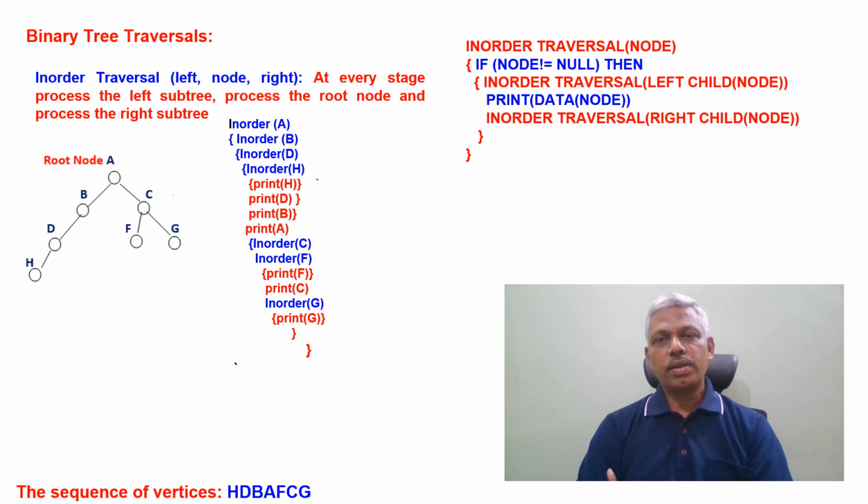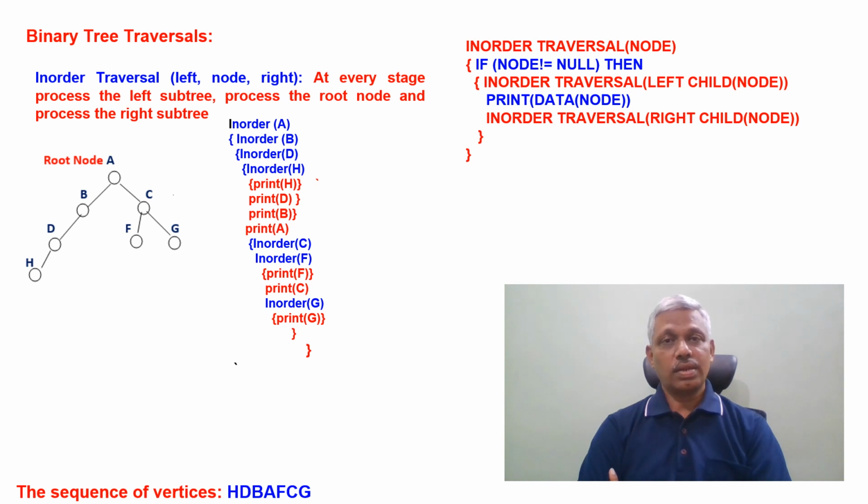When it comes to the algorithm, you can have a recursive algorithm here, calling a function on its own. In-order traversal of the node: if node is null, then it has to stop there itself. If node is not equal to null, then we call the in-order traversal function on the left child of the node.